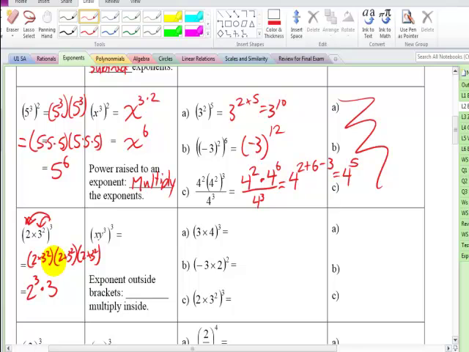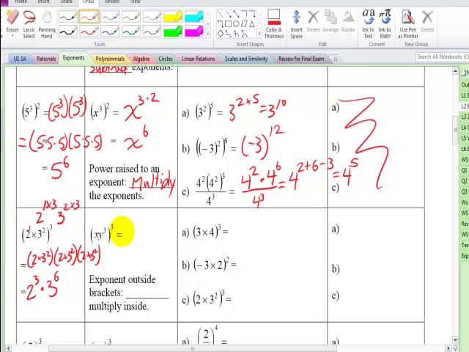How many are there? 6. So what we do is we take the 2, and there's a 1 exponent that we never write. Watch out for your hidden 1 exponents.